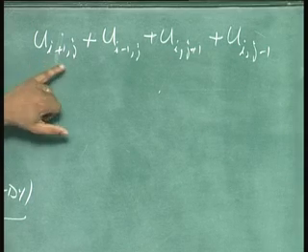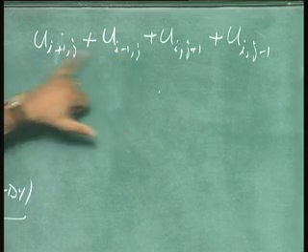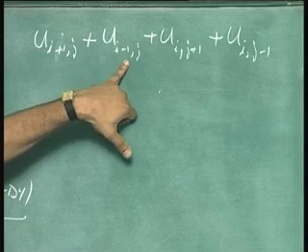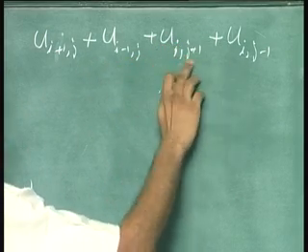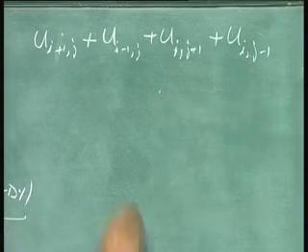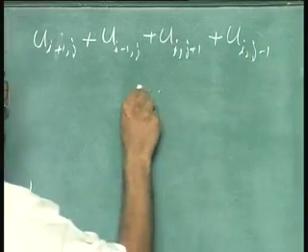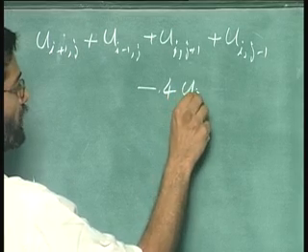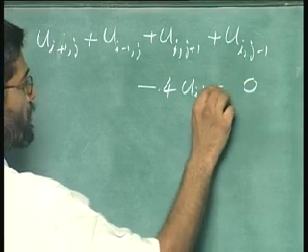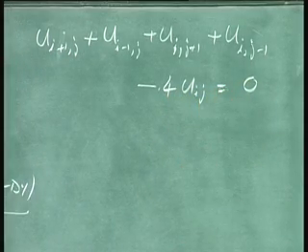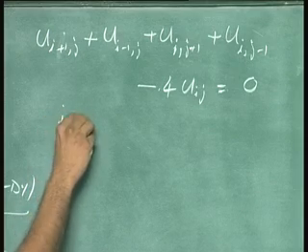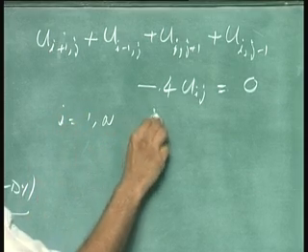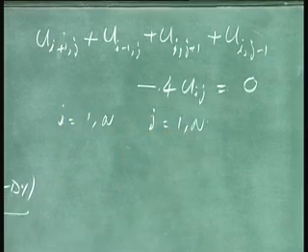Repeat this: u_{i+1,j}, u_{i-1,j}, so that's x plus Δx and x minus Δx, and y plus Δy and y minus Δy. That's the equation which we have to solve, for every i going from 1 to n and j going from 1 to n.